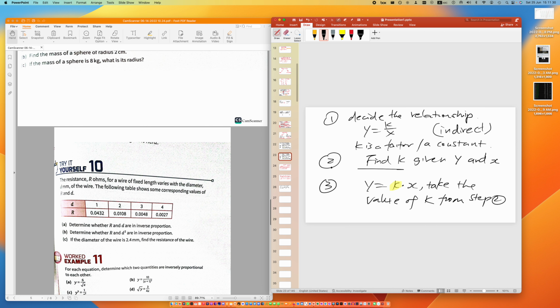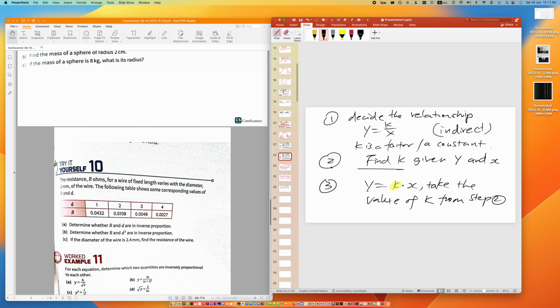Okay, good. Now write down y equals kx, but this is y equals k over x. So over here you should write R equals k over D. Yes. And then over here, in the third step, take the value of k from step 2.